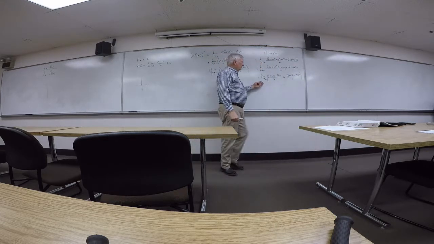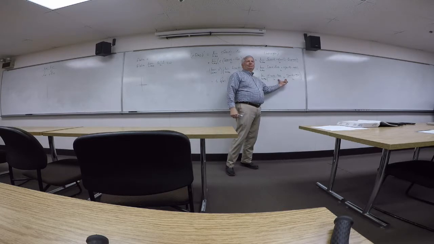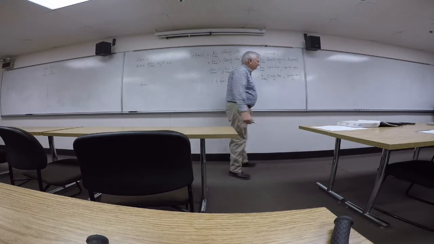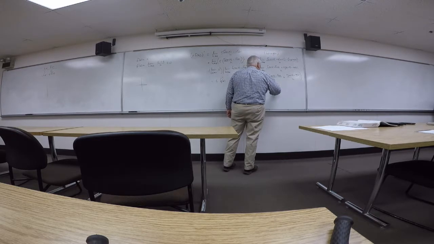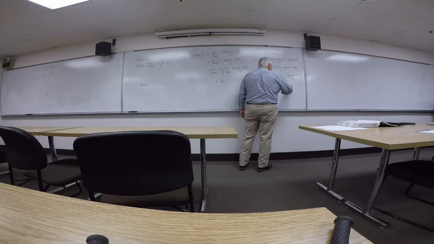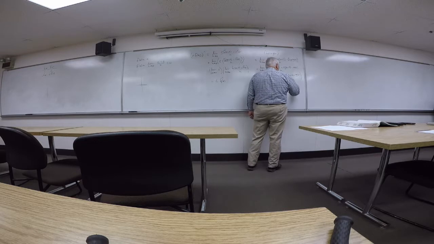And the limit of a sum is the sum of the limits when the limits are nice. So this is the limit as h approaches 0, f of x plus h minus f of x over h, plus limit as h approaches 0 of g of x plus h minus g of x over h.